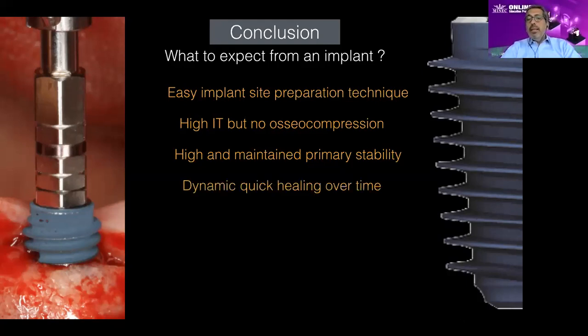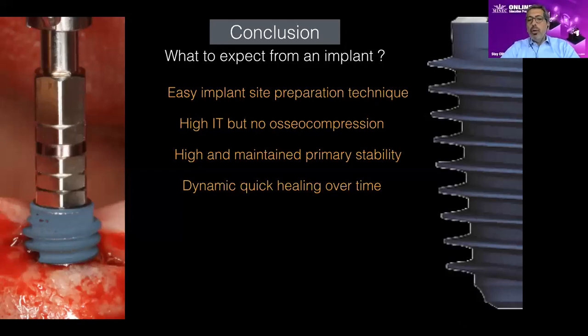And we need an implant that will also give us a dynamic, quick healing over time, because it's very important, even if we have a maintained stability, you know that over weeks, and if you go back to the curve that I showed you in the presentation, you will lose the stability. So what we need is an implant that will give us a very quick secondary stability and an implant surface that will bring in bone in a very fast way in order to grow over the implant and achieve a secondary stability that can protect our implant over time.